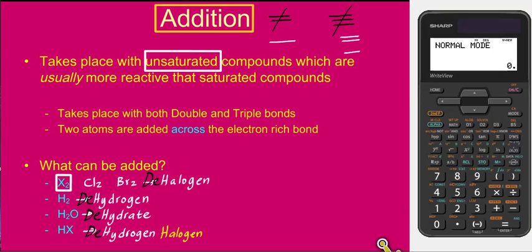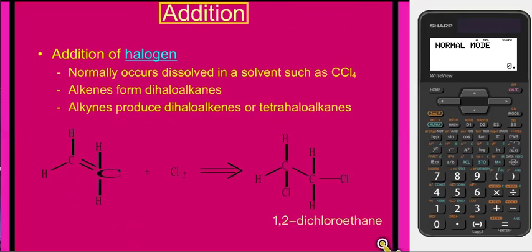Yes, sir. All right, so let's move on now. Let's see what's given to you. I already did this one. Do you see that guy? That guy is a halogen. It's the addition of halogens.